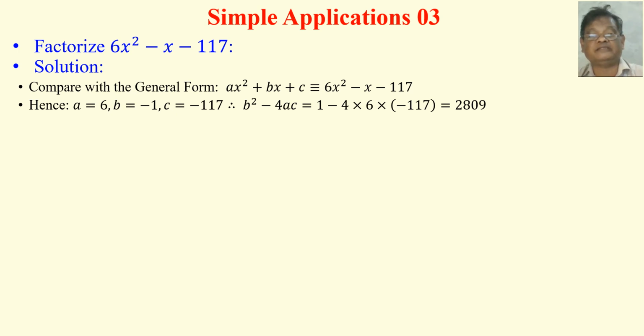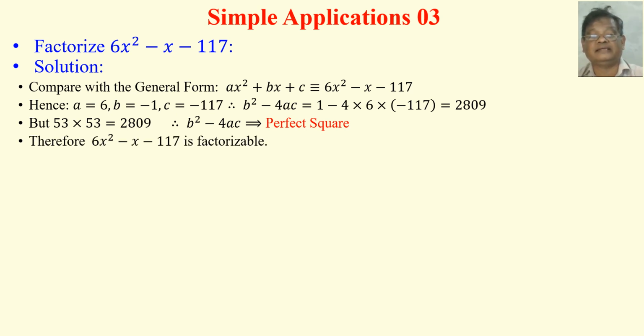Therefore, b squared minus 4ac equals 1 minus 4 times 6 times minus 117, which is equal to 2809. But 53 times 53 is equal to 2809. Therefore, b squared minus 4ac is a perfect square. Hence, 6x squared minus x minus 117 is factorizable.